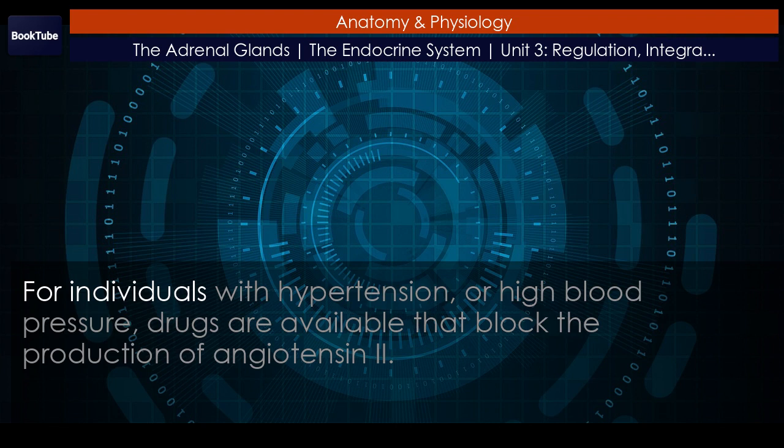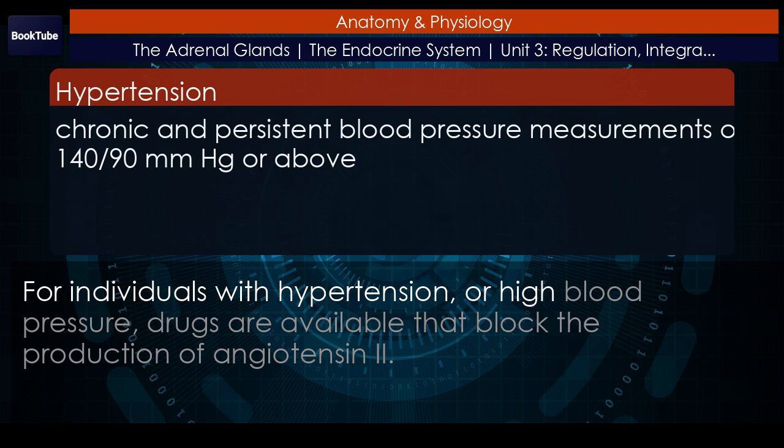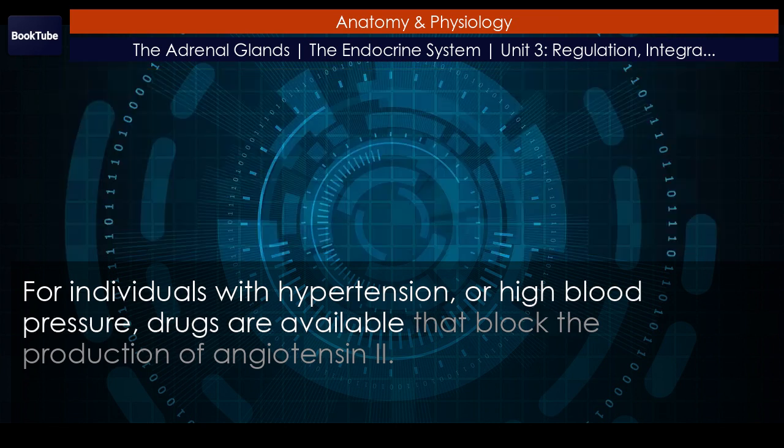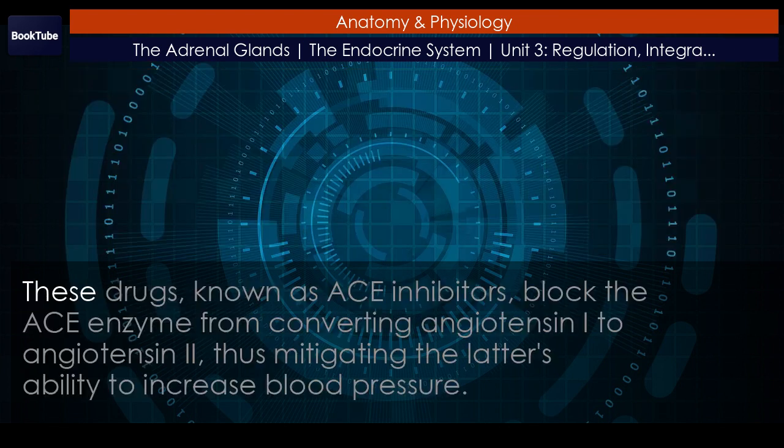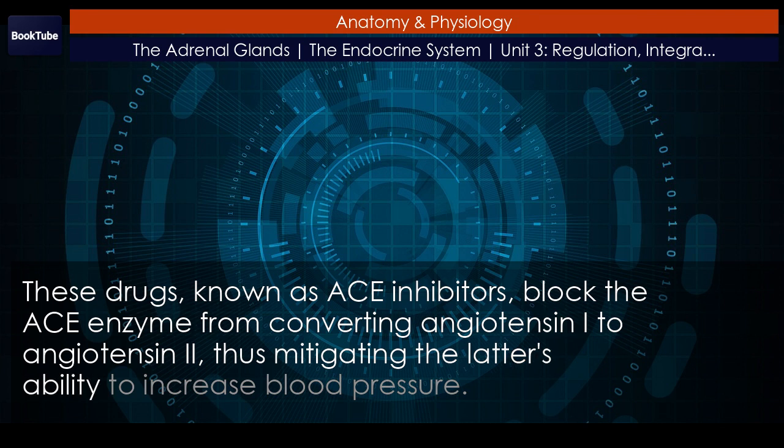For individuals with hypertension or high blood pressure, drugs are available that block the production of angiotensin II. These drugs, known as ACE inhibitors, block the ACE enzyme from converting angiotensin I to angiotensin II, thus mitigating the latter's ability to increase blood pressure.